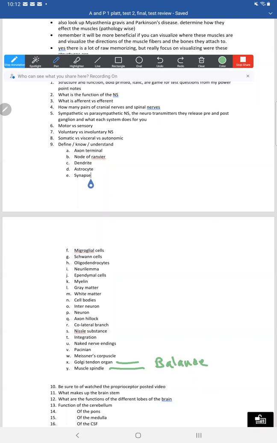So your Golgi tendon organ and muscle spindle help with balance feedback. The fancy name for that is mechanoreception, proprioception.